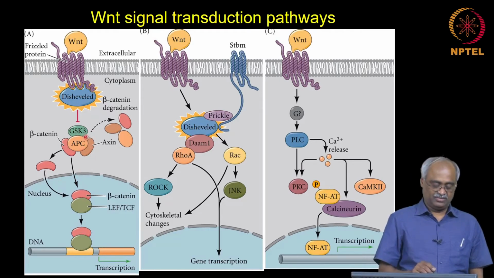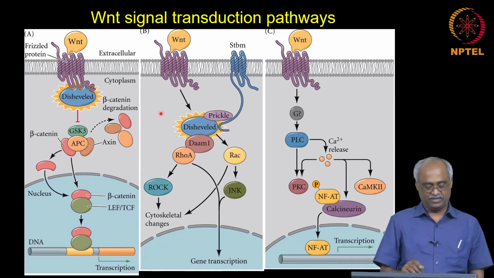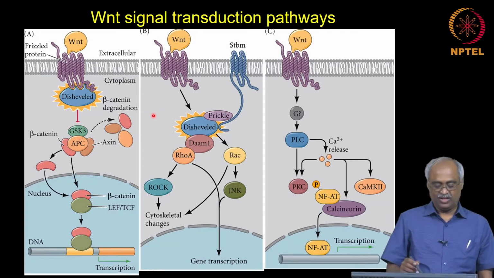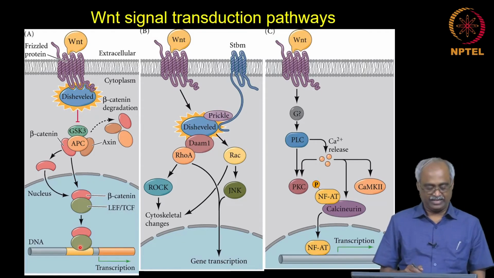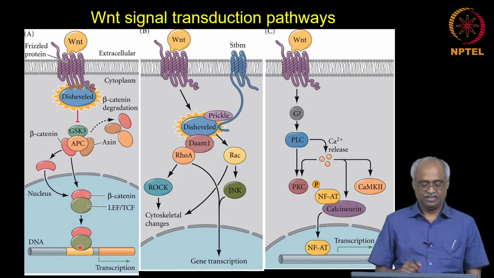So GSK3 and APC target beta catenin for degradation, and as a result you do not have beta catenin going in and activating anything inside.